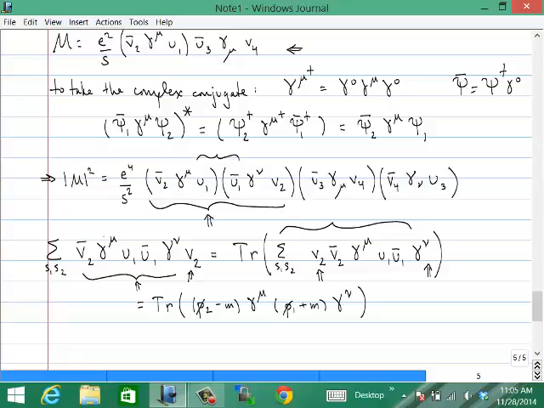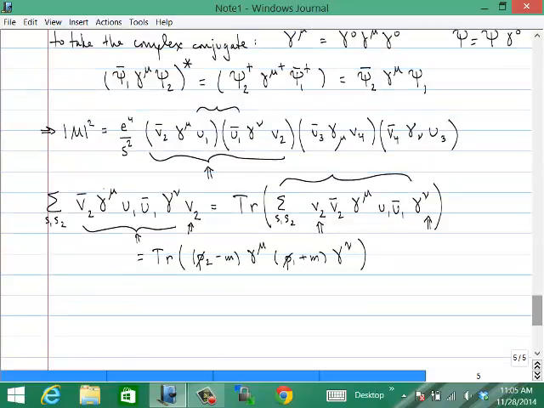Is that clear, more or less? What could be simpler than writing a number as the trace of a 4x4 matrix? And then using the cyclic property of the trace is your friend. The fact that you can always cyclically reorder matrices inside a trace is incredibly useful in situations like this.